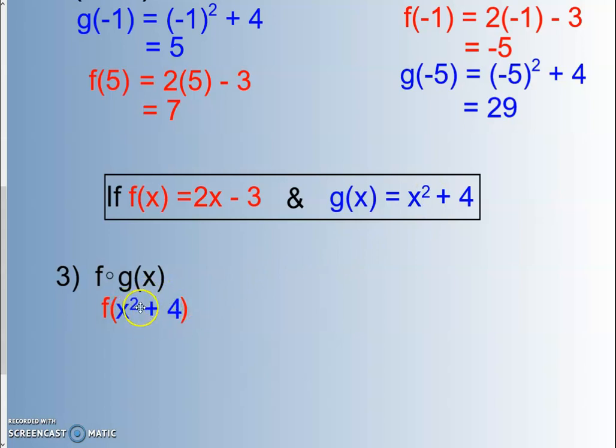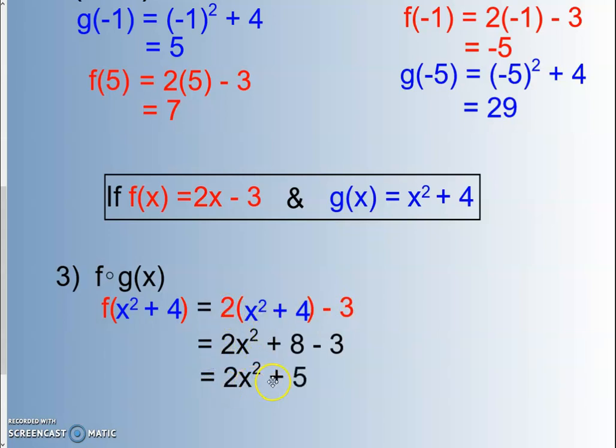So I drop that x squared plus 4 into the f function. And what's the f function do? Well, it takes 2 times whatever you put in, and what we put in is x squared plus 4, and subtracts 3. And we clean that up, distribute your 2 and combine like terms. That gives us 2x squared plus 5. So what we've done is we have dropped a quadratic function into a linear function, and it gave us that.